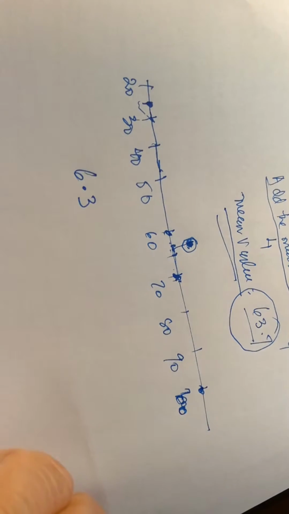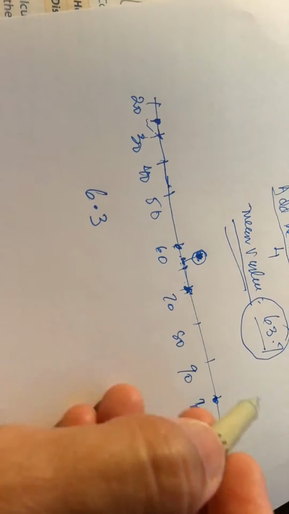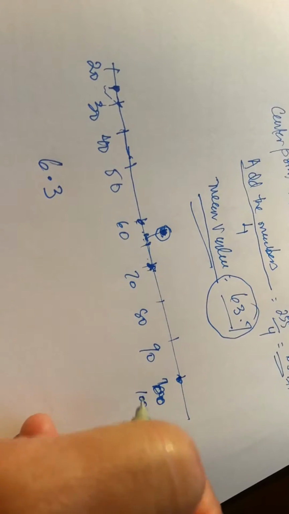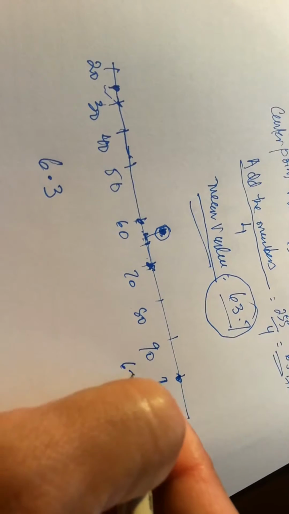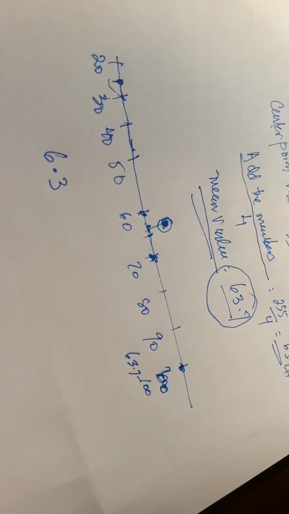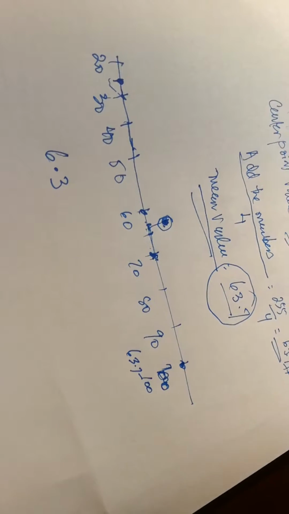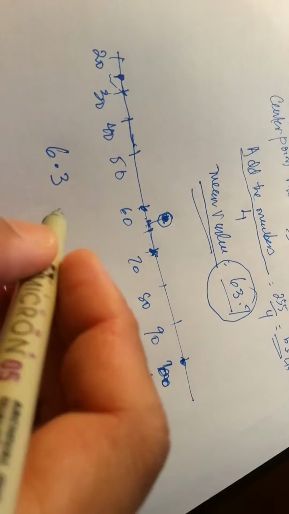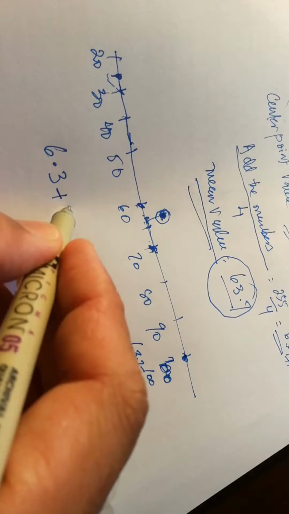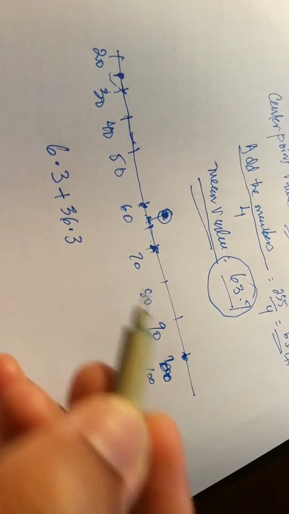That's why you take 6.3. Then you take the second data point, in this case 100. Let's do that, 63.7 minus 100. There you have minus 36.3, you take the absolute value, which is 36.3.